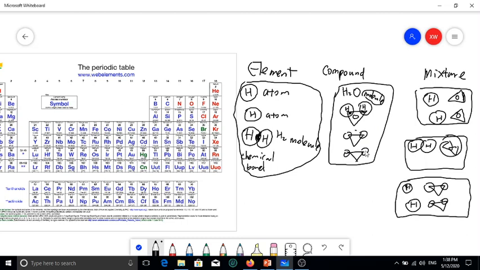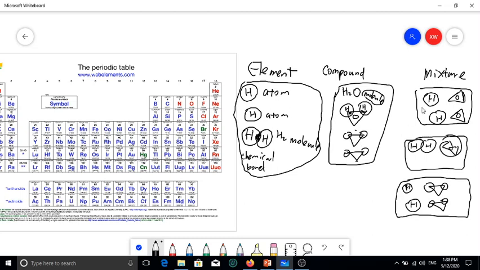Notice that each molecule contains different elements. A mixture is when you mix up elements or compounds. Most of the time what we see every day is a mixture. We barely see anything that's a pure element in our daily life.